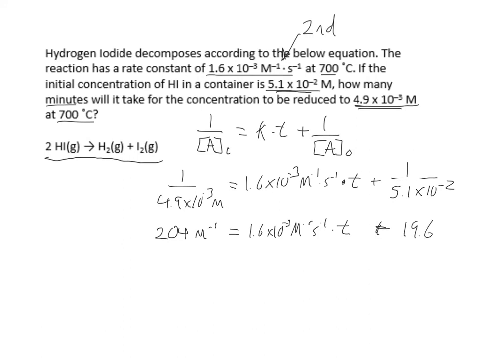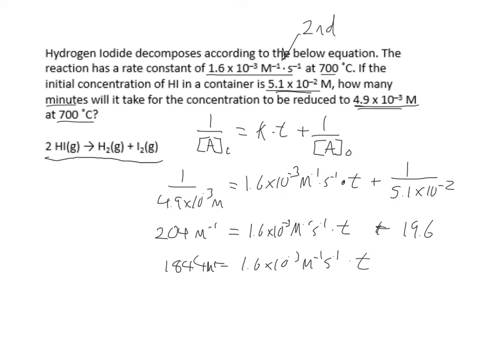Now I'll subtract 19.6 from both sides and I get 184.4 molar to the negative 1, equal to the 1.6 times 10 to the negative 3rd molar to the negative 1 second to the negative 1 times t.